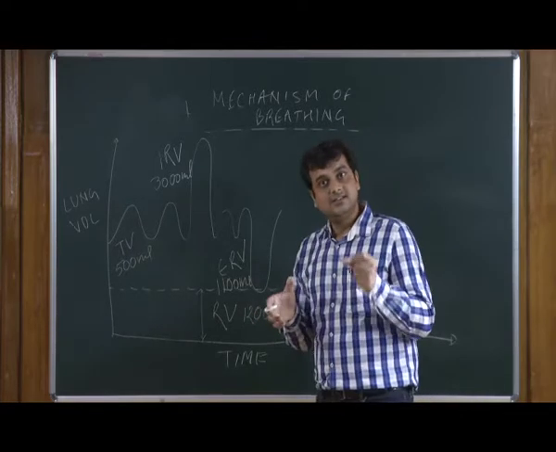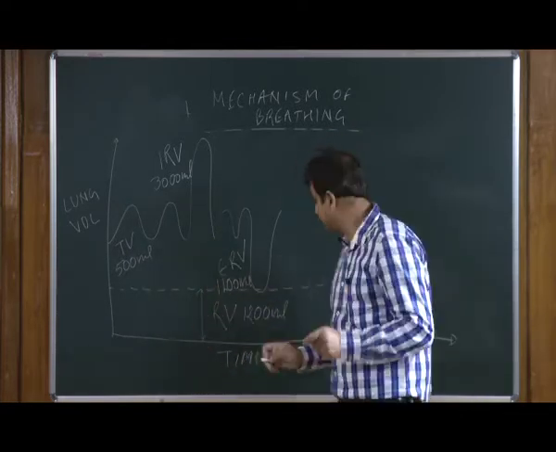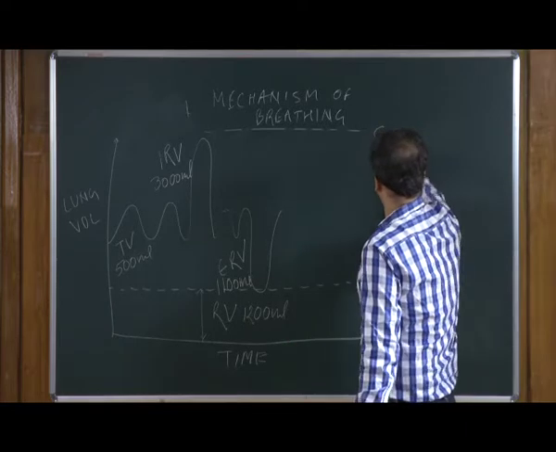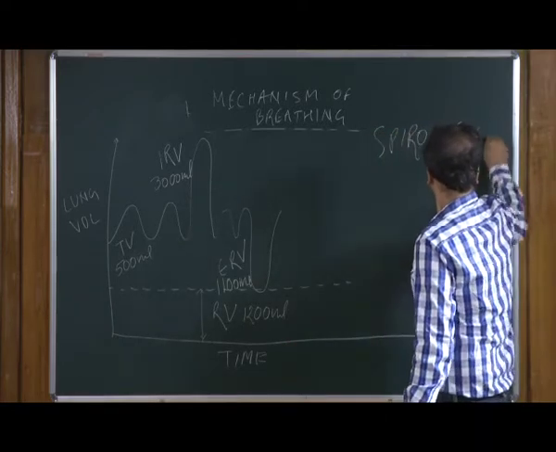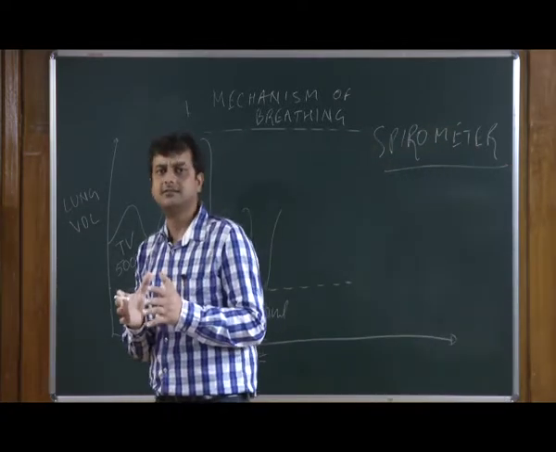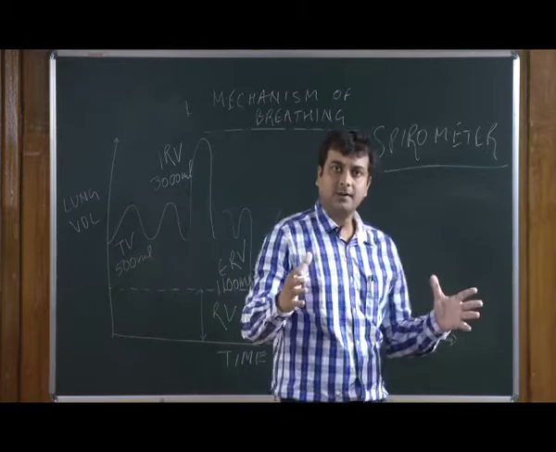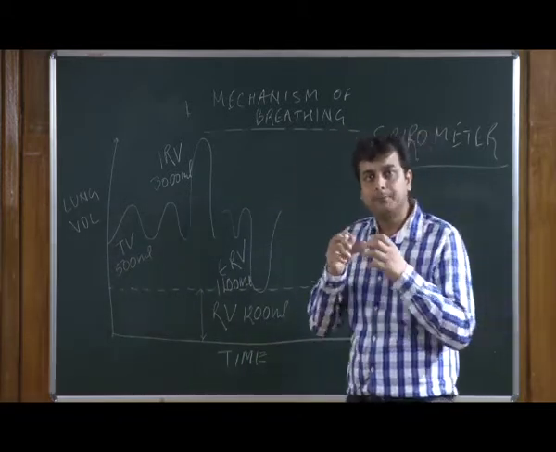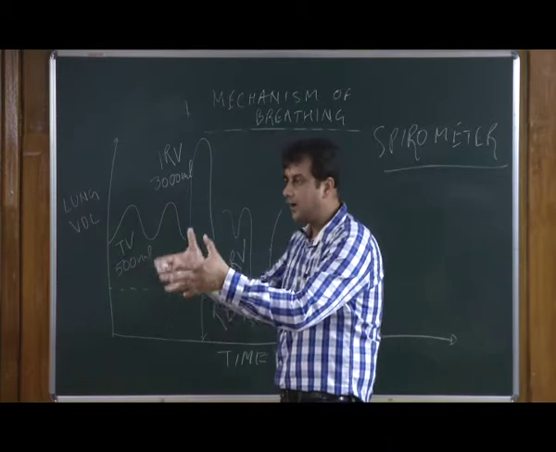Now, there is an instrument that does all this calculation, and we call that instrument a spirometer. We are not going to discuss this spirometer in detail, but it is an instrument having a mouthpiece, so a person can blow the air, and there will be a cylinder with an oxygen tank.